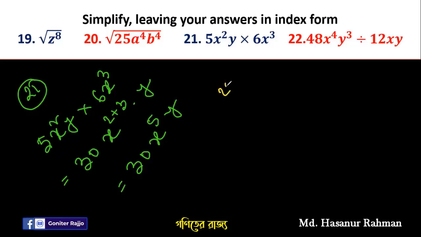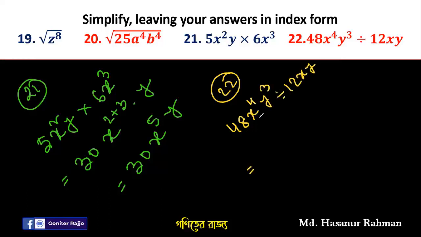Number 22. Number 22 says 48 x to the power 4 y cube divided by 12 xy. 48 divided by 12, that is 4, x to the power 4 minus 1, y to the power 3 minus 1. That is 4x cube y square. And we can solve it in another way also.